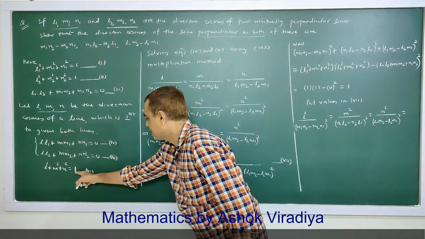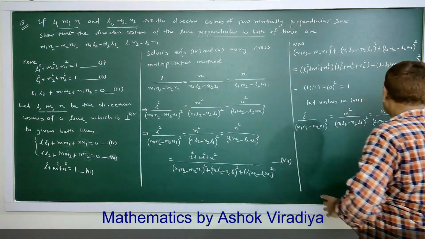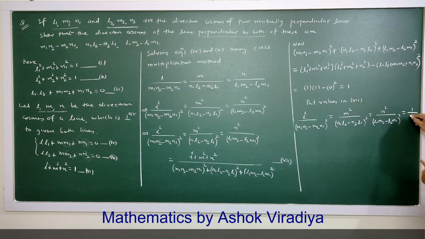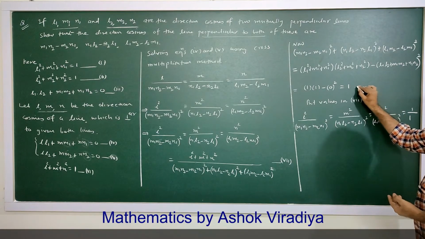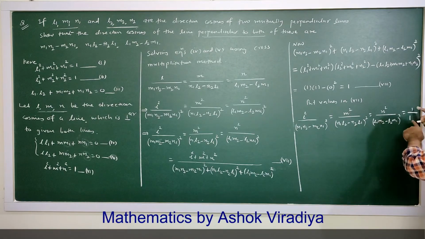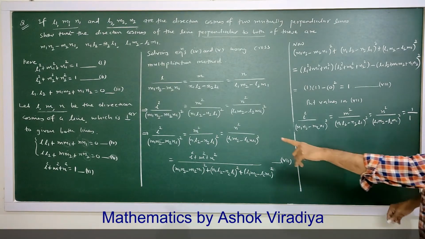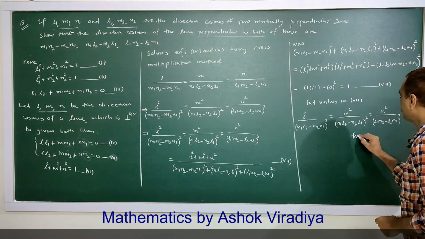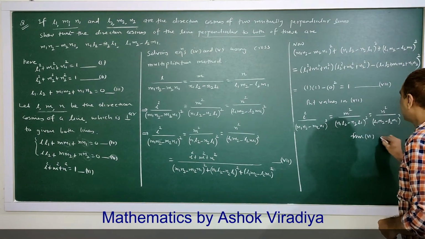It is 1. So numerator is 1 and denominator is also 1. Let me say this result is result number 8. So values are from equation 6 and equation 8.